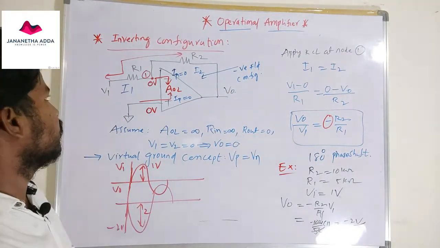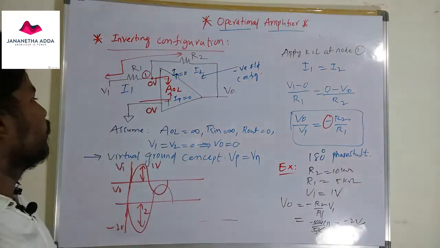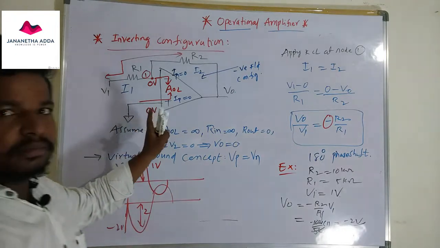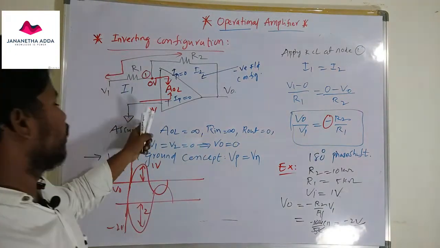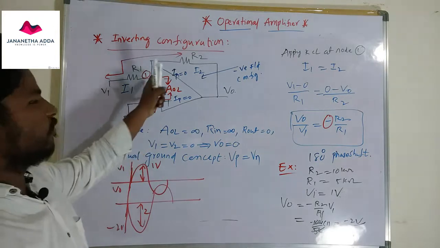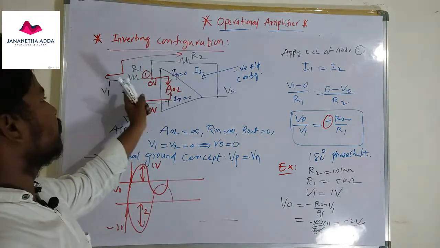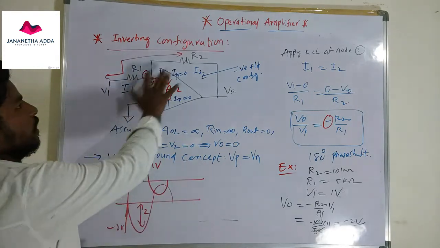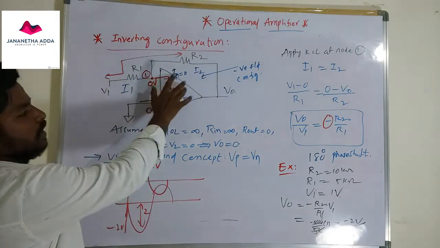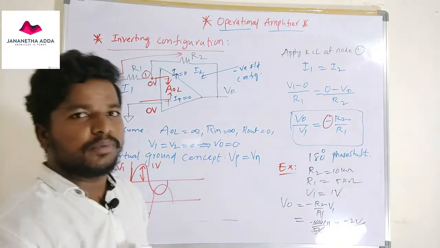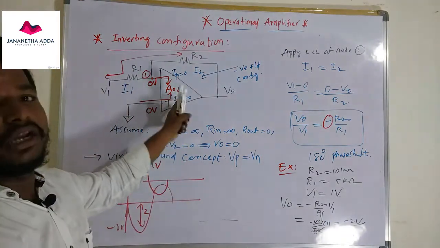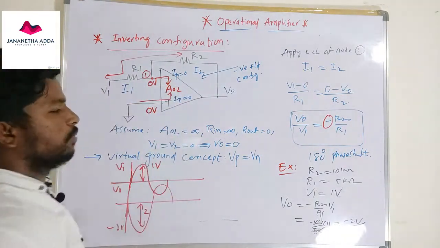The important thing is that the virtual ground concept will be applicable here, because whatever voltage is at the positive terminal will be reflected at the negative terminal, and the same current flows through R1 and R2, because the current flowing into the operational amplifier is 0, and it also has an infinite open loop gain.